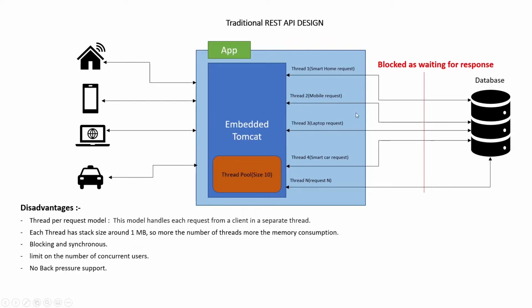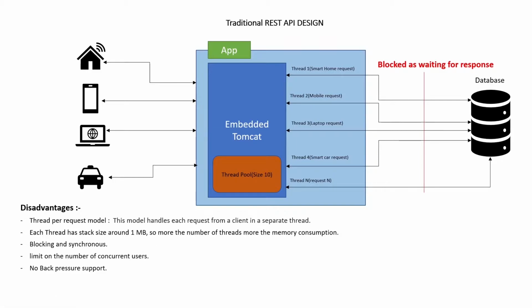And all of the threads are now at the repository layer and they are waiting for the response from the database. And if for any reason the database is responding slow, you can imagine that all the threads are now blocked, as they are waiting for the response from the database, and none of the threads can now serve any new request, right?